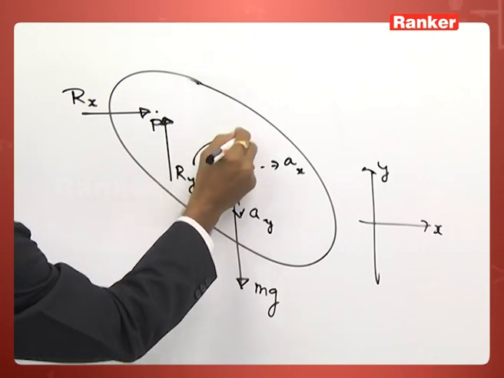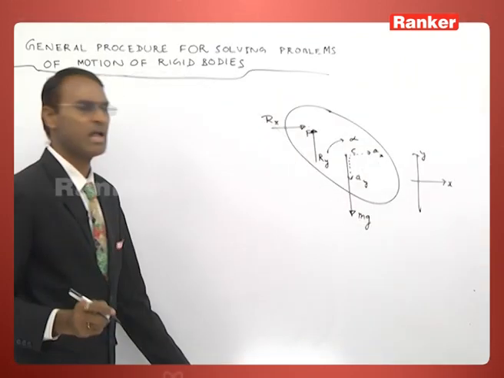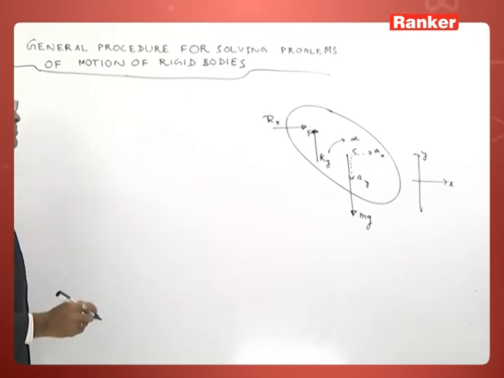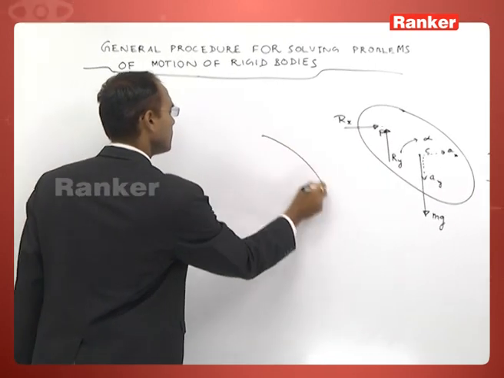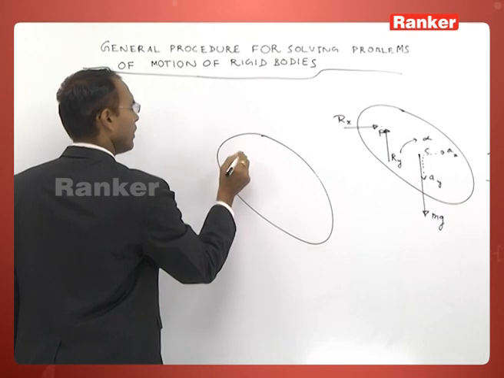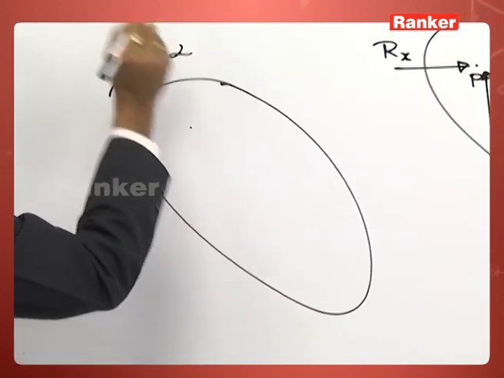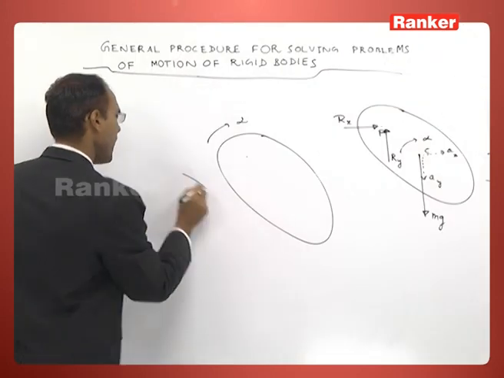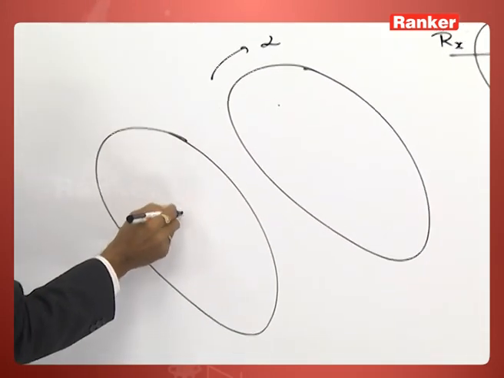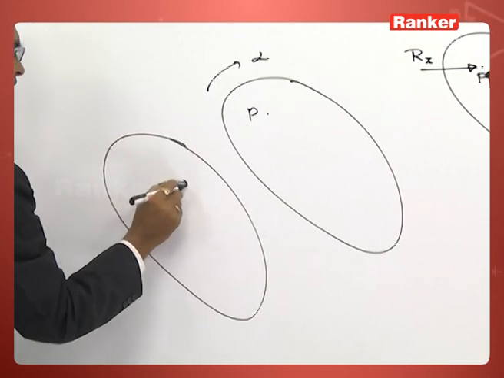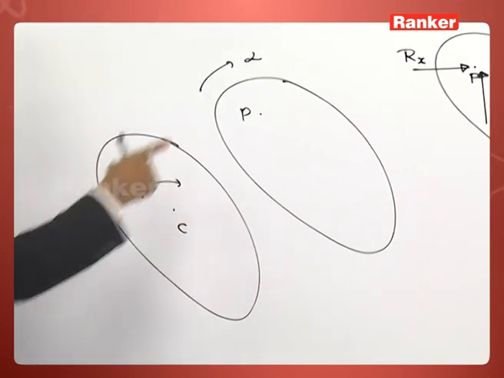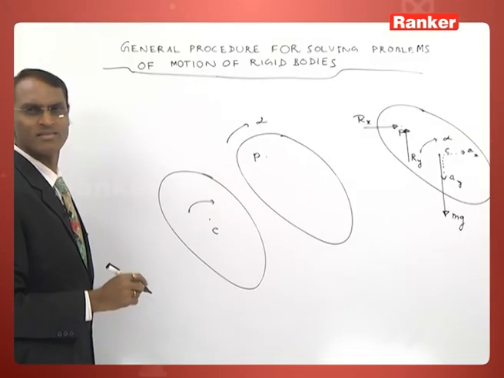Let me assume that the angular acceleration be alpha. Remember, you may give alpha in this way, or in this way. This does not depend upon the points.